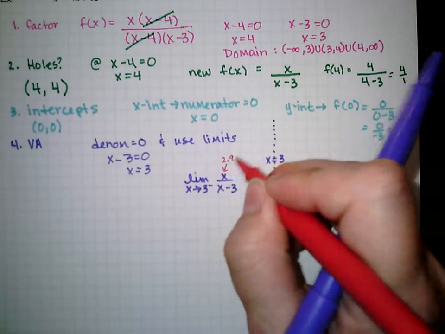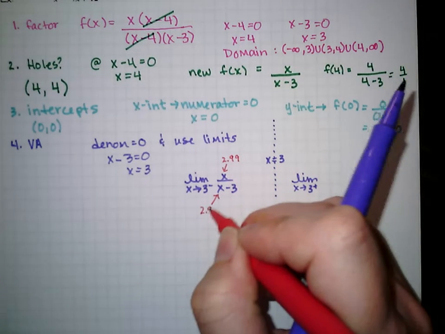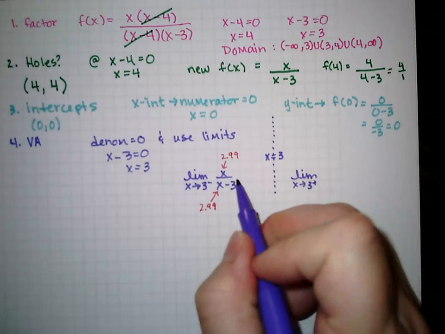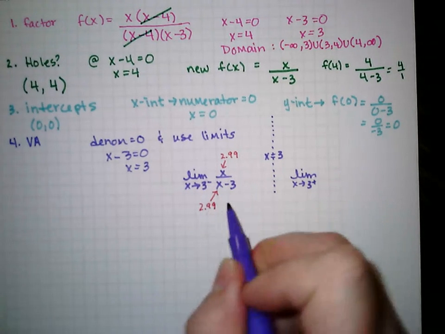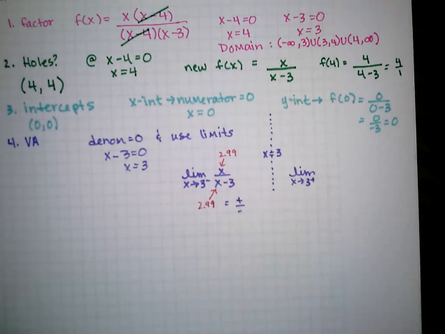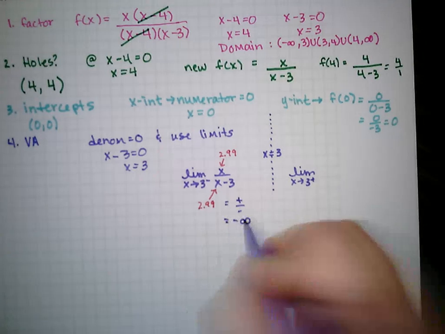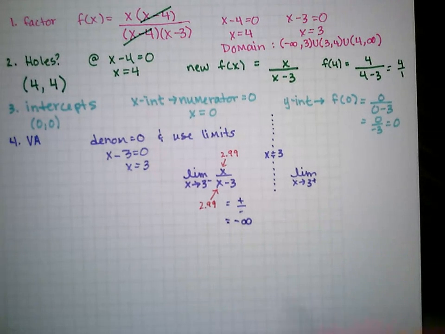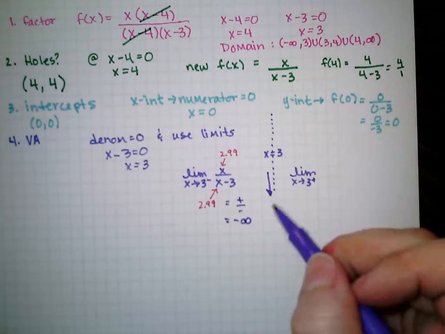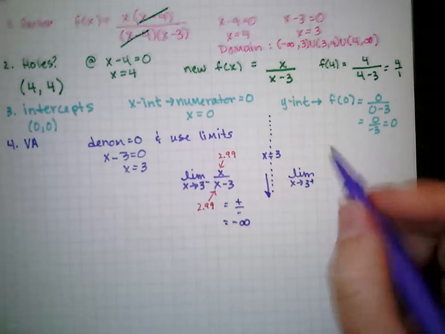I'm going to plug in 2.99 for both of my x spots, for both of my inputs. And I don't need to know the number that's going to come out. I just need to know if it's positive or negative. So 2.99 is obviously positive. 2.99 minus 3 is negative. So this is going to be negative infinity. What that tells me is on the left side of x equals 3, my graph is headed towards negative infinity.